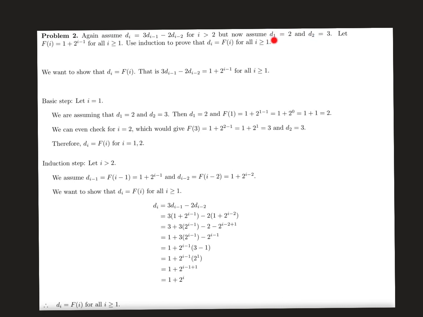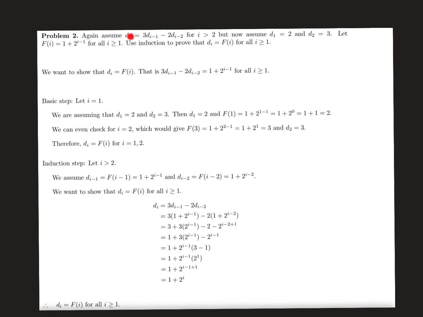So we can already see that for I greater than 2, the first one we will compute is d of 3, or d3. To get that, we take d of 3 minus 1, which is d2, which is 3. So we plug in 3 right here, and 3 times 3 is 9.